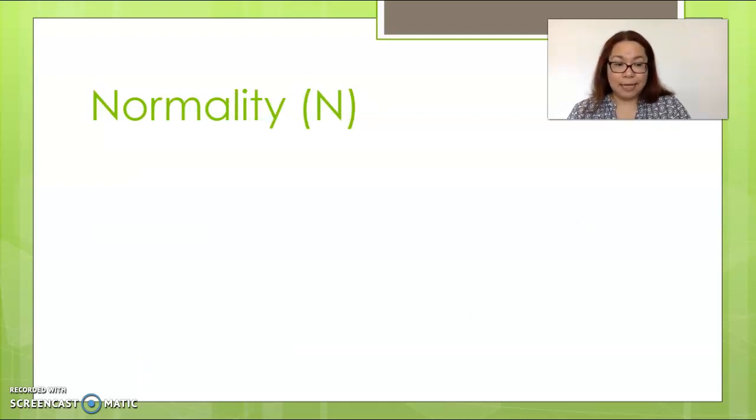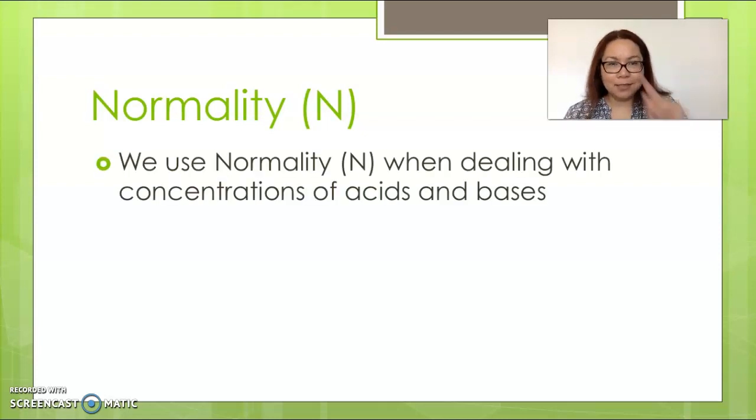Now, this issue of normality, the new variable that I want you guys to learn about, is very similar to molarity with a small difference. The purpose of using normality is when we're dealing with concentrations of acids and bases, and we're going to need this concept to find volumes of acids and bases.